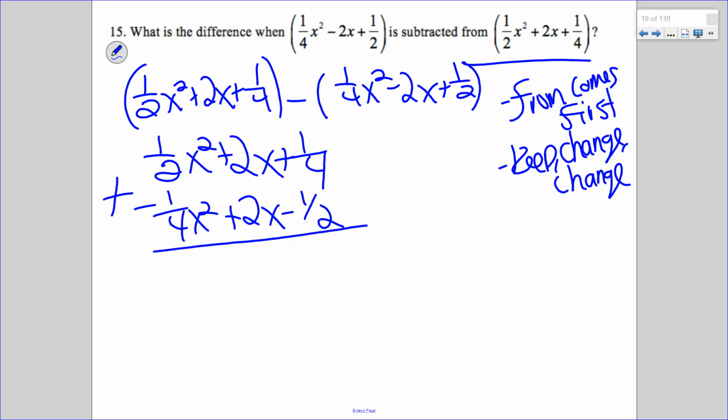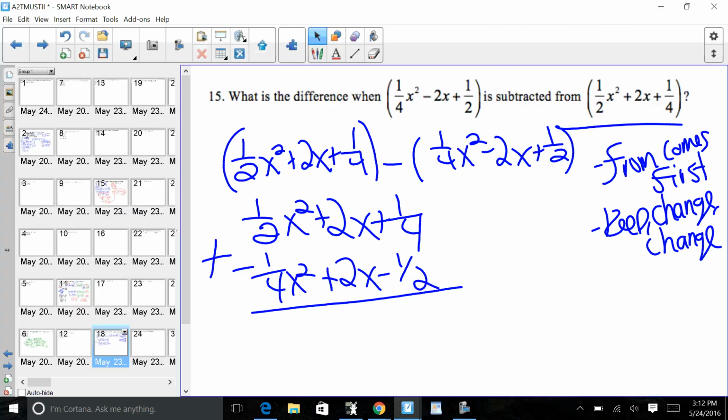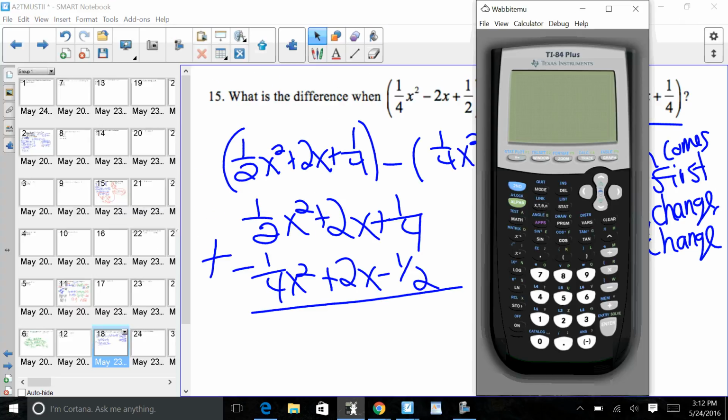Now, what makes it Algebra 2 would be the fractions. Just let the calculator deal with the fractions. 1/2 plus negative 1/4. Go to your calculator, type in alpha y equals enter, 1/2 plus negative alpha y equals enter, 1/4 is 1/4. 2 plus 2, I hope you don't do that.